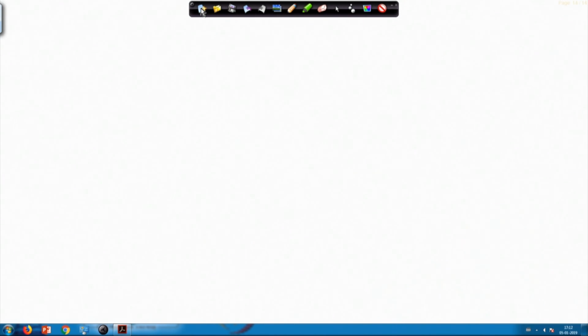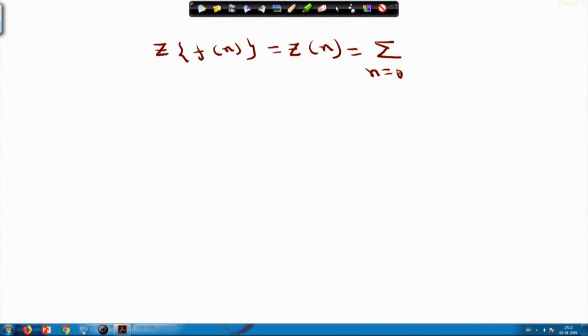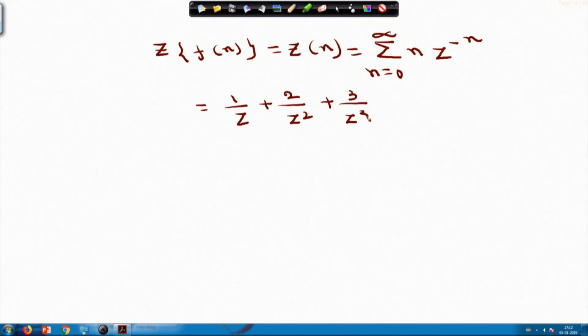Alternatively, if you do not want to do it like this, if you try to find the z transform of f n, that is f n is nothing but n, this equals again from the definition summation n equals 0 to infinity n z to the power minus n. If I simply evaluate it, I will obtain 1 by z plus 2 by z square plus 3 by z cube, like that.